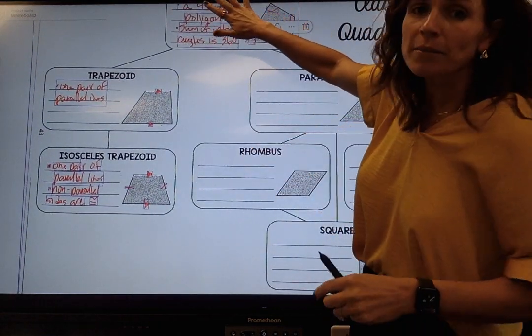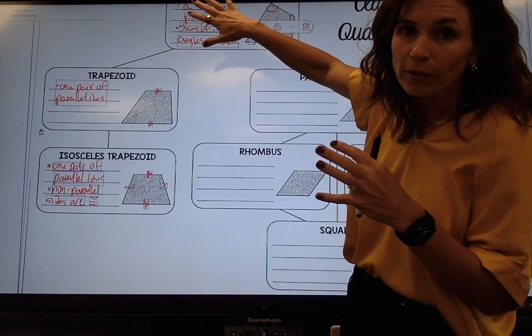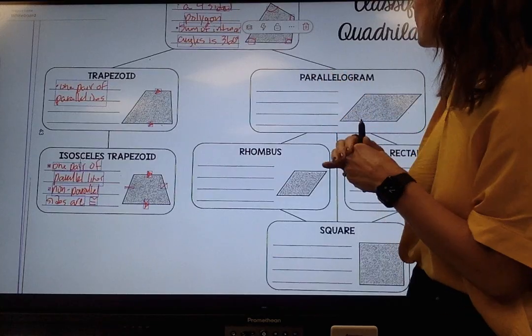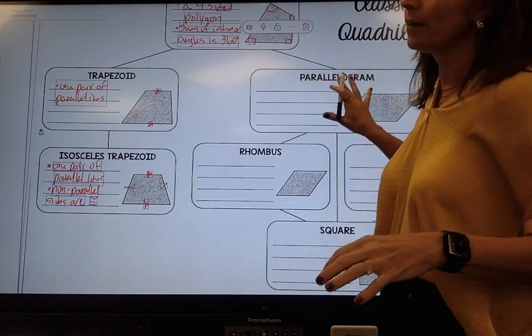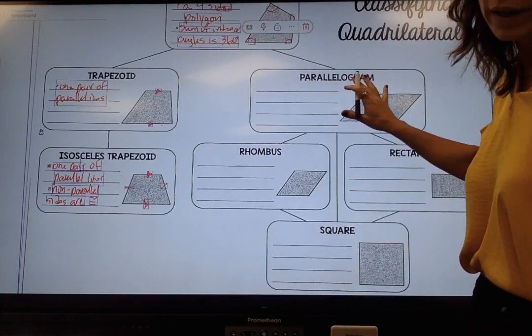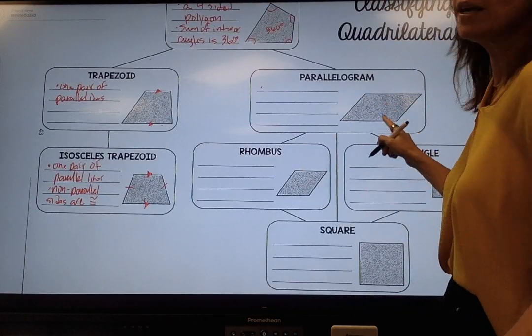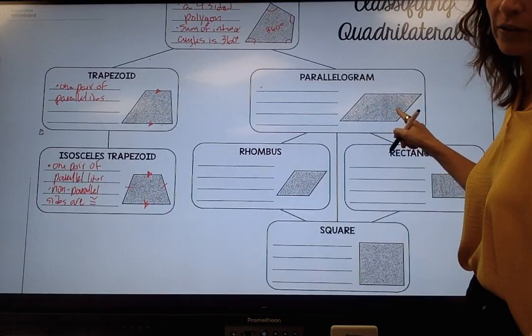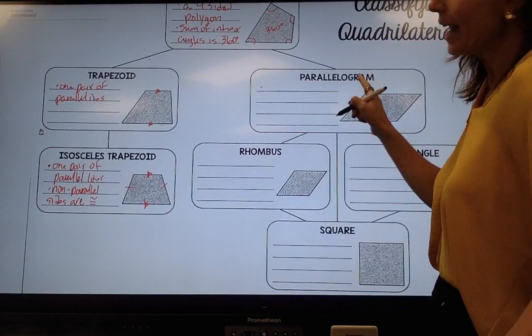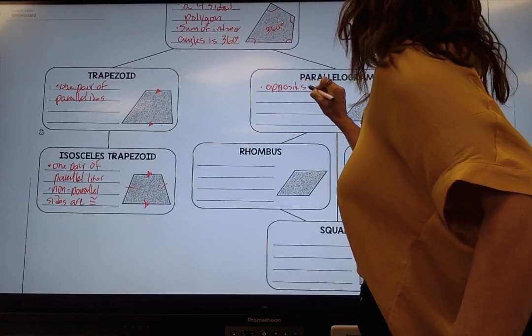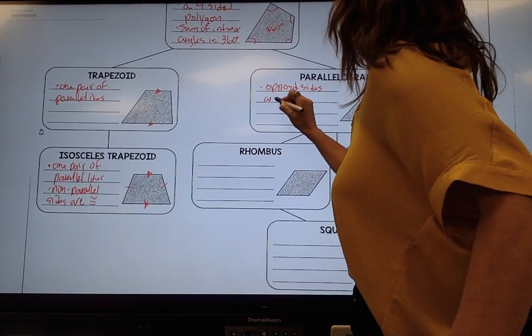sometimes a shape just stops at a quadrilateral. Sometimes it can be divided into a trapezoid. Other times it can be in the form of a parallelogram. So what is a parallelogram? A parallelogram, still a quadrilateral, still the sum of interior angles is 360 degrees, and opposite sides are parallel.